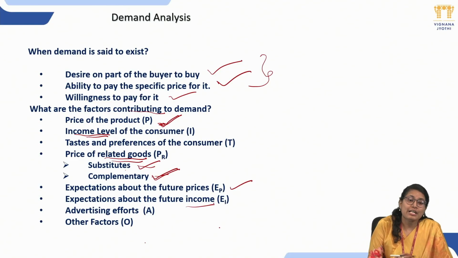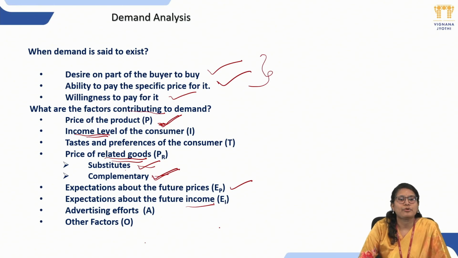Suppose your income is going to increase, means next month I am going to get a hike, then what are we going to do? Or next month I am going to get some other money, like suppose you invested in shares, you are going to get the dividends, or you are going to get some rent or something else that you will receive in the future, in the next month or in the coming days.